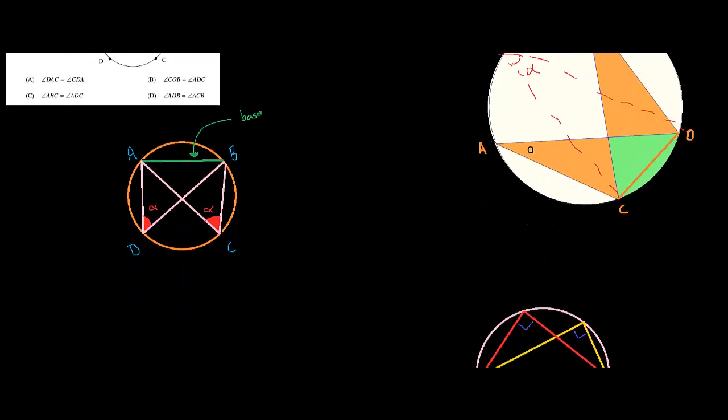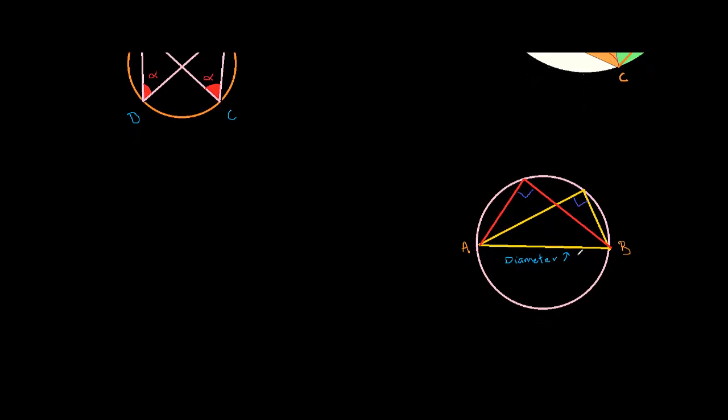And just as a bit of a side note, Danny, you might have seen this before. If you've got a diagram like this, a circle, and this is AB, the base, then when it joins at any point up here, so say we'll call this C and this D, when it joins at C and the base is the diameter, it's going to be a right angle at C. And according to the inscribed angle theorem, it's also going to be the same angle.